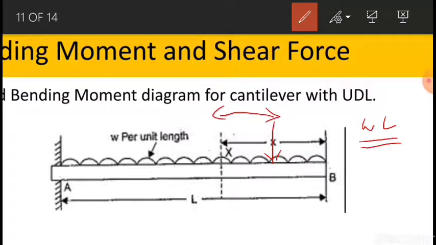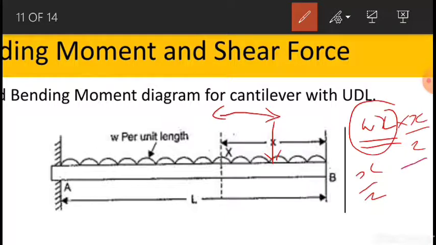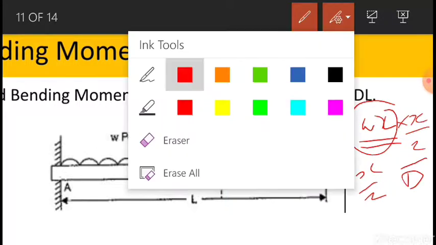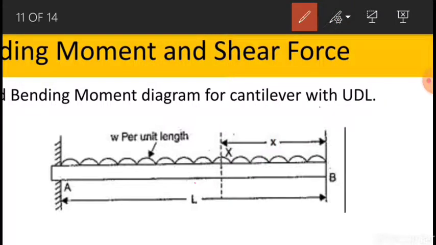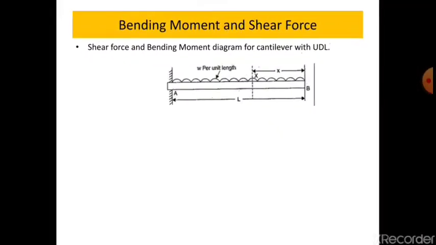It is X by 2, right? So we will be multiplying it with X by 2, because that is the distance you are going to multiply. This has become the load, this will become your distance. Understanding what I am saying? This is how it works in the UDL in case of bending moment.